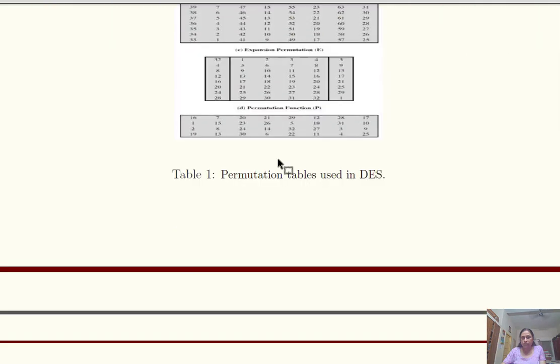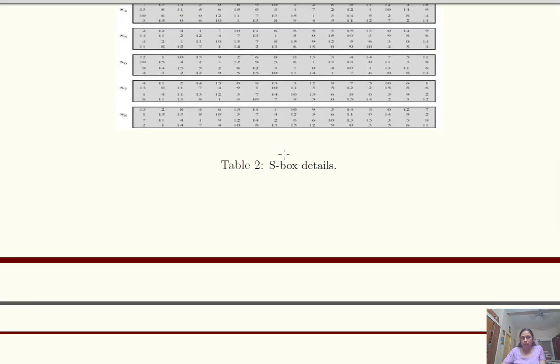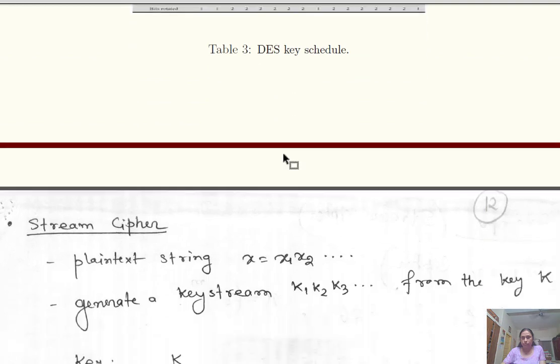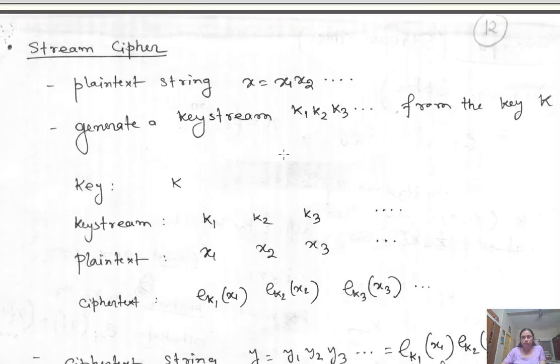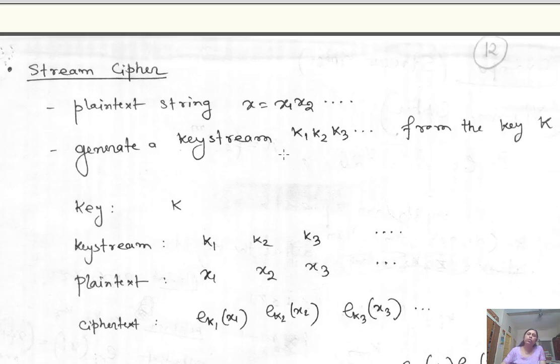The next thing: before discussing stream ciphers, we have to introduce some more block ciphers. Triple DES, and also DES: what are the attacks? DES is not secure, so what are the attacks?